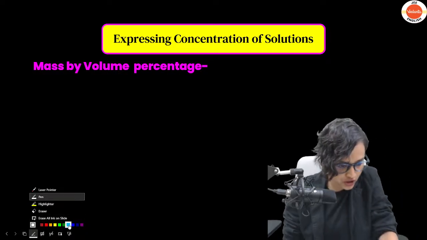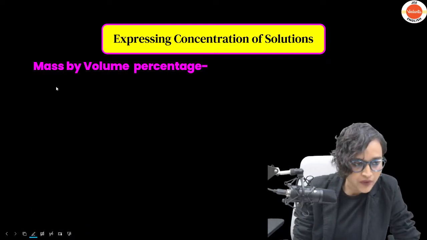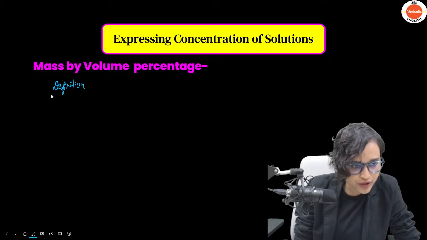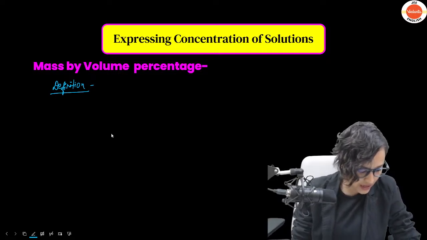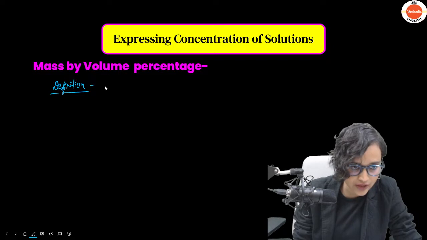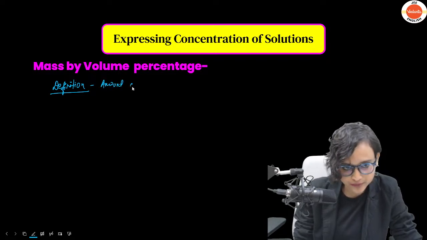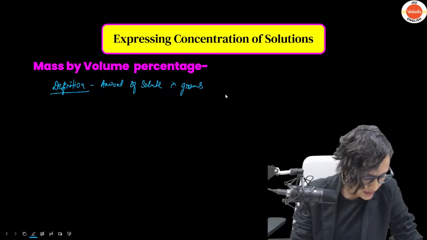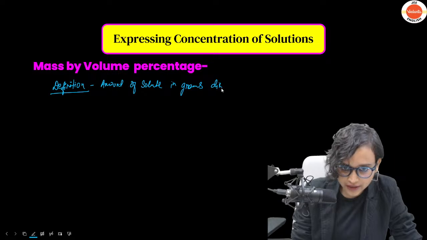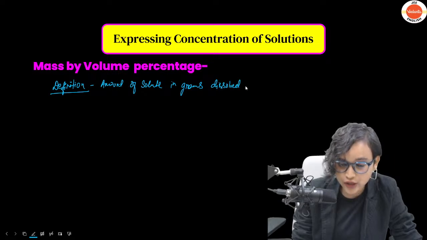Wait a second. Let me change the color of this thing. So let's write the definition here. What is going to be the definition, my dear student? Amazing. Thank you. The definition is amount of solute in grams dissolved in, last time we took 100 gram.